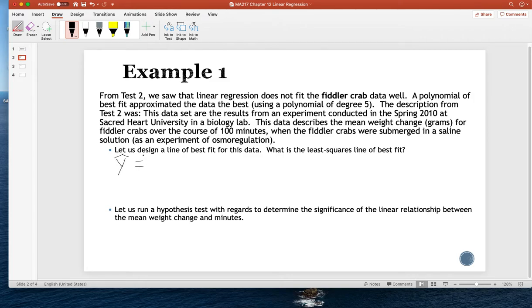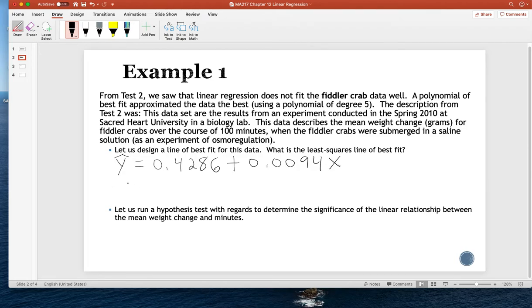So this will be y hat is equal to 0.4286 for the intercept, and then the slope was 0.0094x.